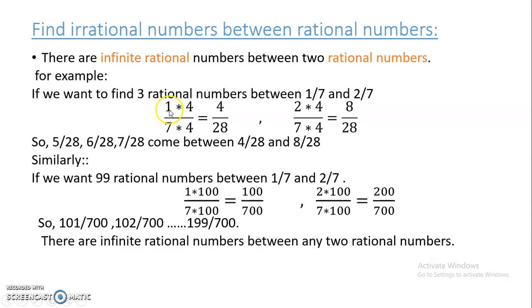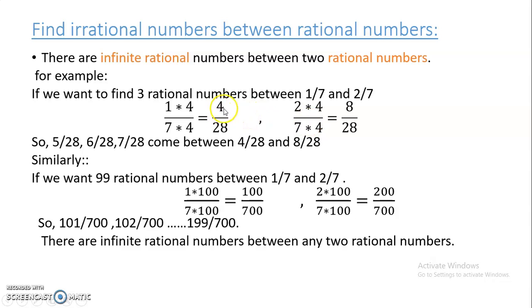So the numerator 1 multiplied with 4 becomes 4, and the denominator 7 multiplied with 4 becomes 28. Similarly, for 2 by 7, numerator 2 multiplied with 4 becomes 8, and denominator 7 multiplied with 4 becomes 28.